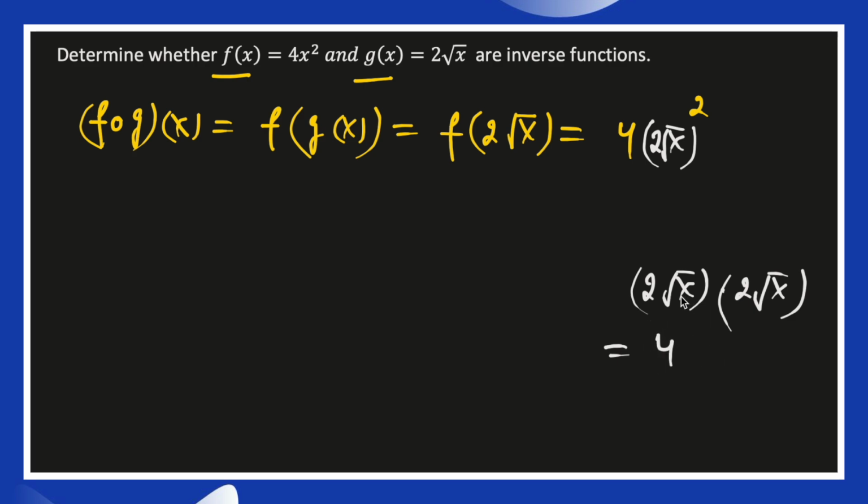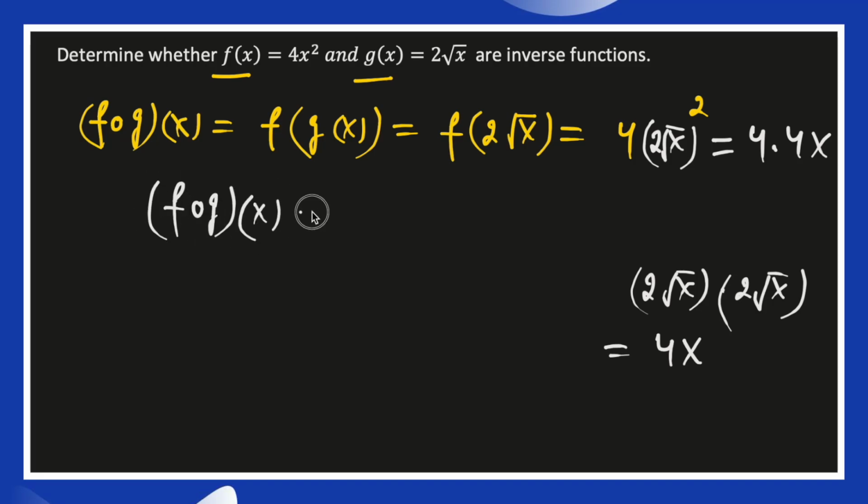And when you multiply square root of x times square root of x, it is x. So we can clearly see that our value is 4 times 4x, which is 16x. So f of g of x in this particular question is 16x.